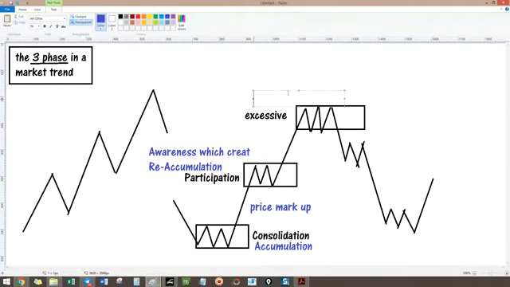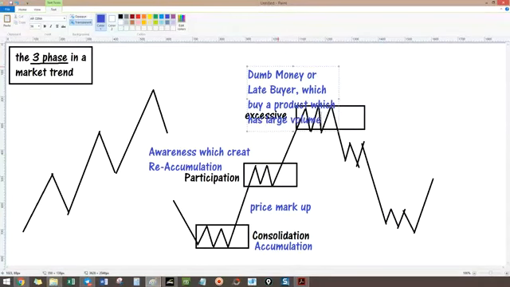And over here is dumb money or late buyers, which buy expensive, which buy a product which has large volume at a high price.